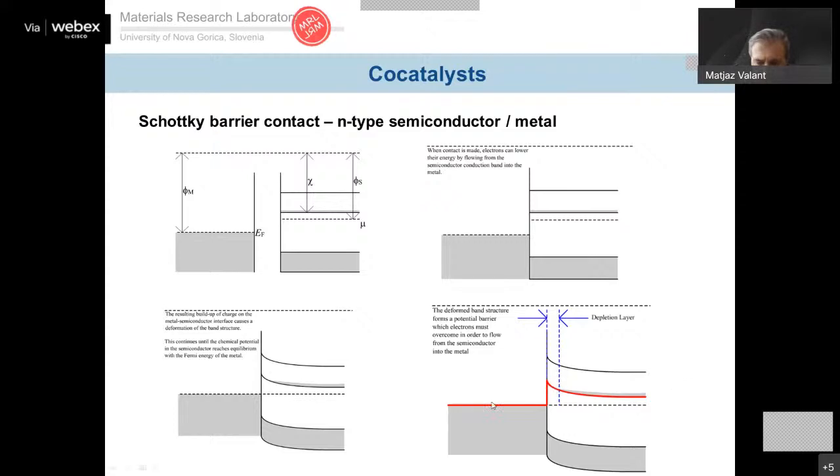So that will make electrons go into the co-catalyst, while holes will not go, or vice versa. And in practice, this means that we will accumulate electrons in the co-catalysts, while in the surroundings of the co-catalyst there will be an excess of holes. So this is what we call charge separation. And this is actually a very efficient way to increase the photocatalytic efficiency.